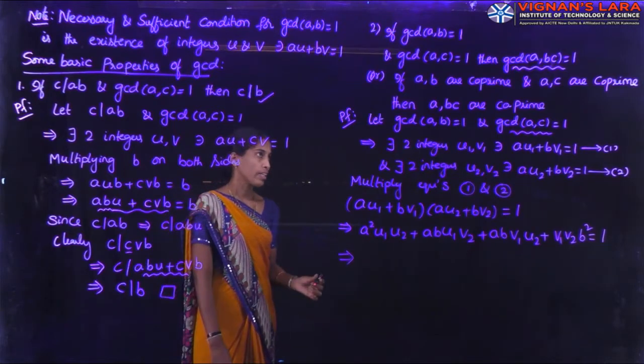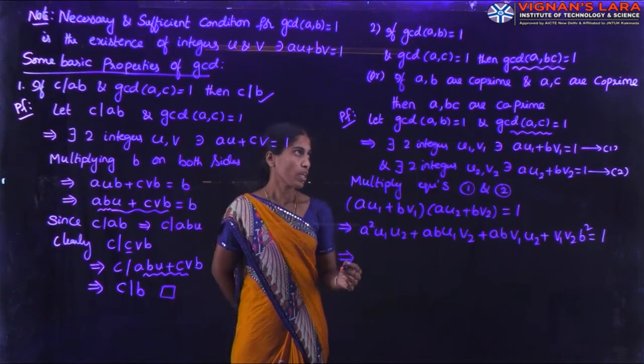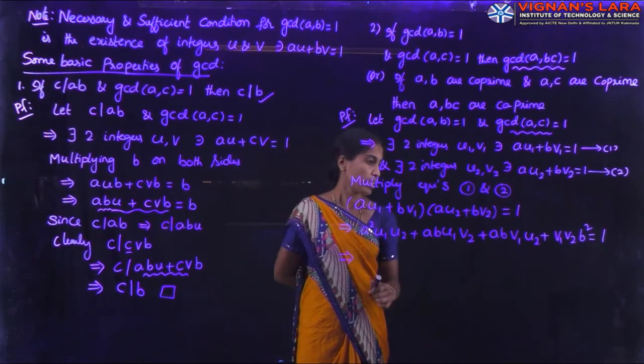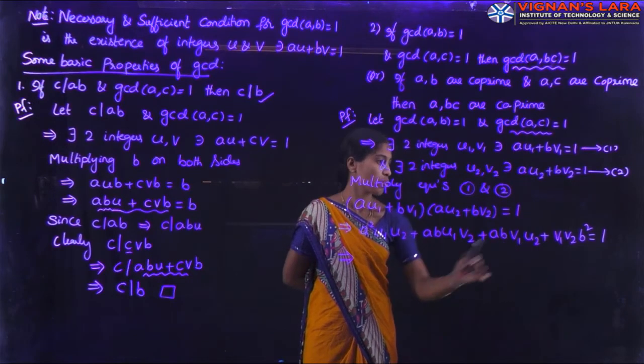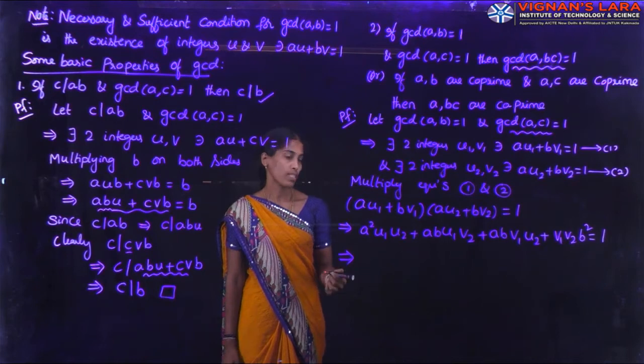Now we can write it as a square u1 u2, this is ab u1 v2, ab v1 u2 plus v1 v2 into b square.